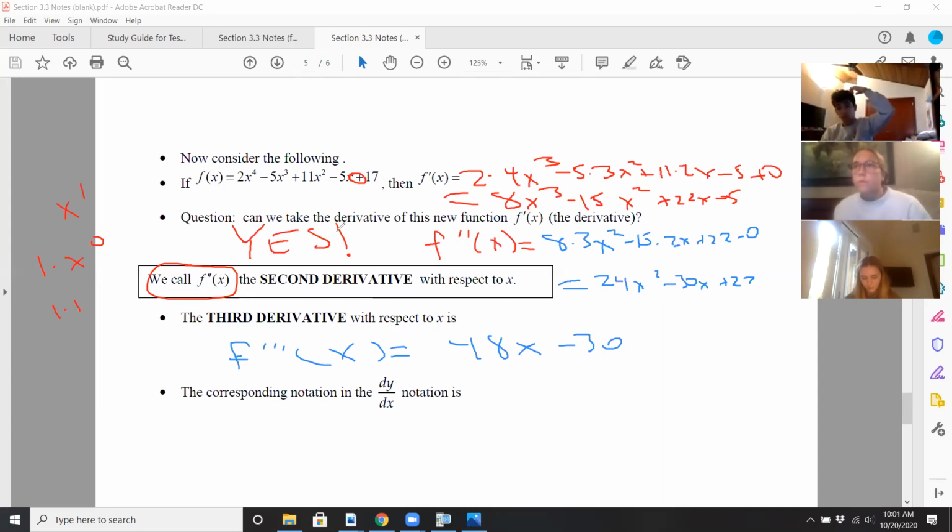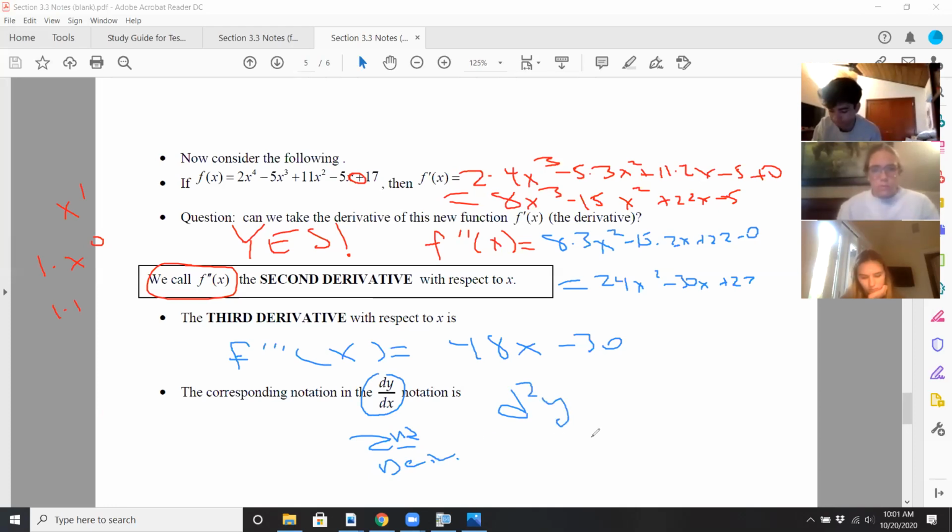Just to know, notation-wise, if you want to use this notation for second derivatives, you actually write the second derivative like this. It's kind of weird. I'm not sure who came up with this, but you write it like that, or you write it like this.